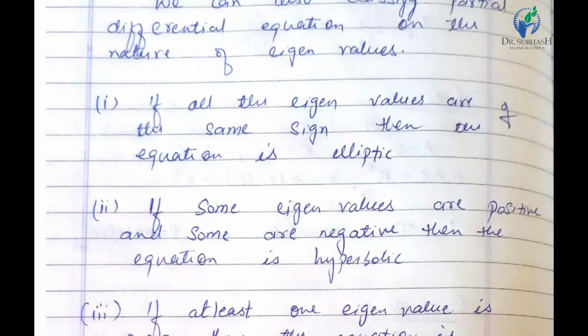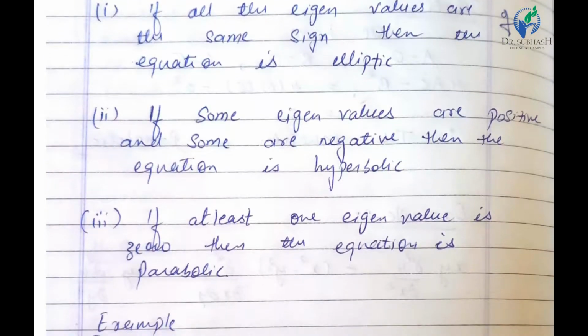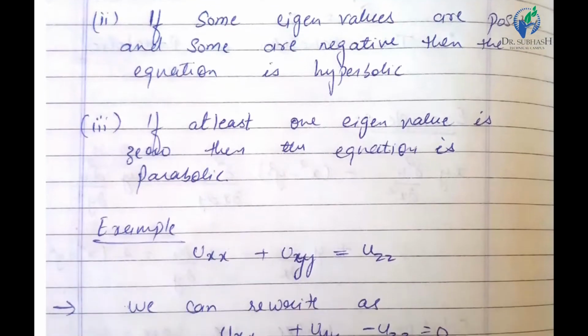That is, if all the eigenvalues are either positive or all are negative, then the given equation will be elliptic. Next, if some eigenvalues are positive and some are negative, then the equation is hyperbolic. Third, if at least one eigenvalue is 0, then the equation is parabolic. Based on these three conditions, we can classify the given partial differential equation.